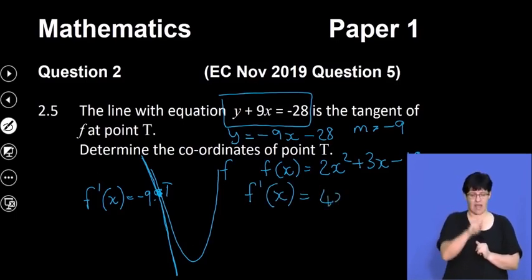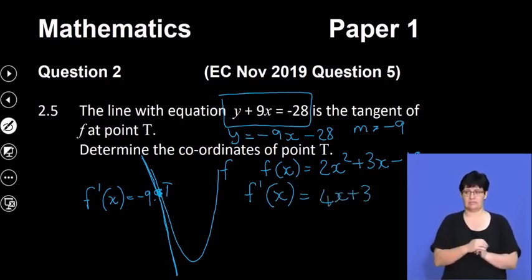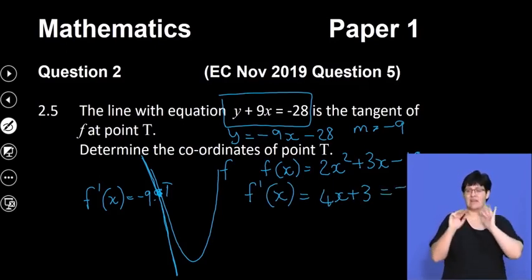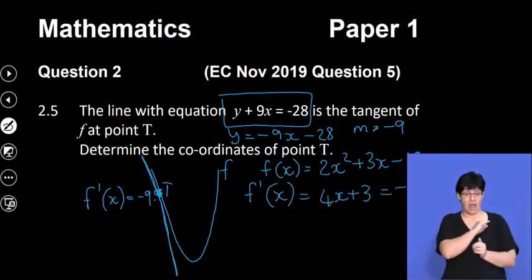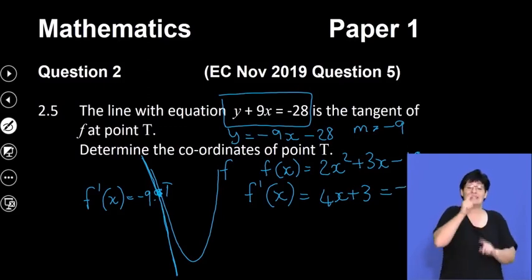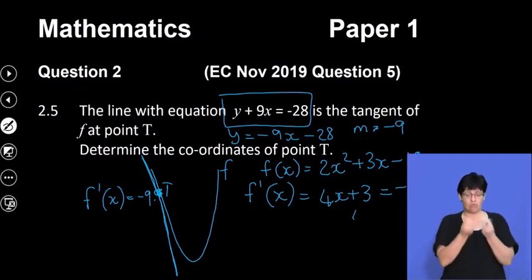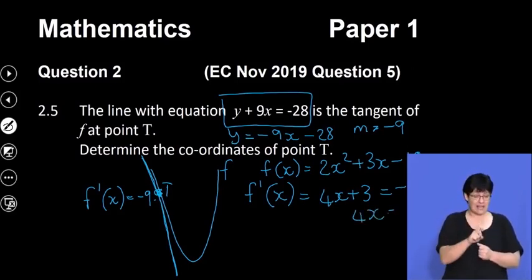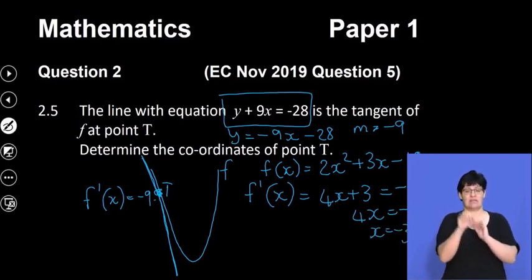It's 4x plus 3. And we can now make that equal to negative 9, because the gradient of f will also be equal to negative 9 at point T. And we can solve for x. So we have 4x is equal to negative 12, which means that x is equal to negative 3.